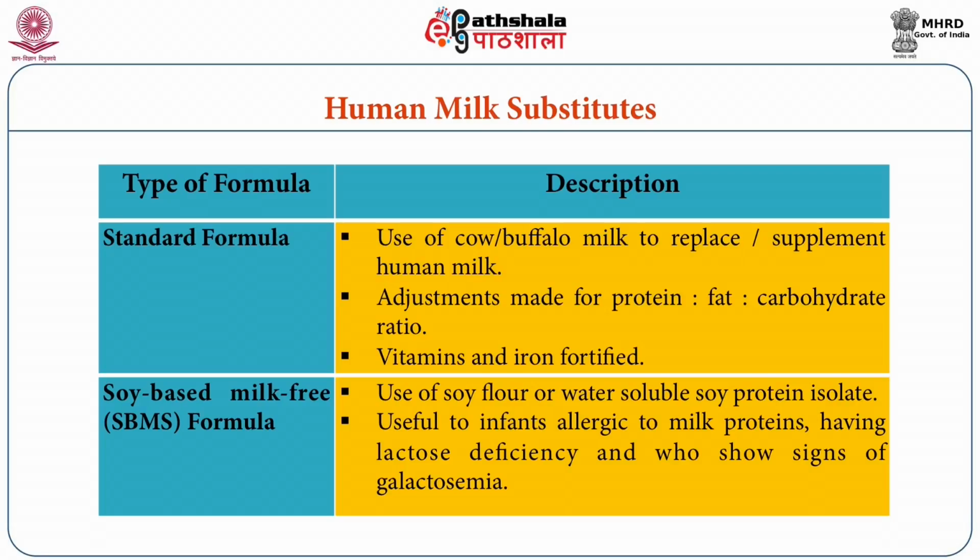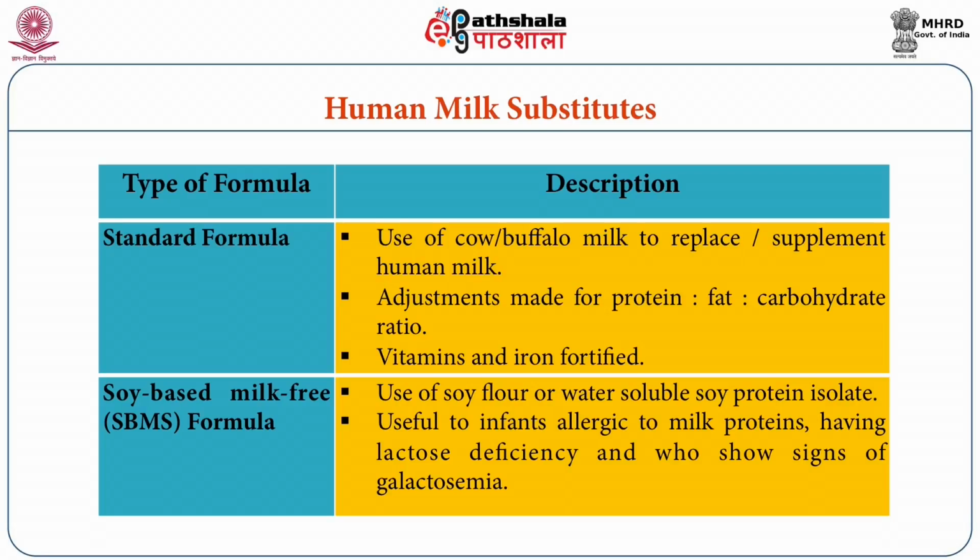Amongst these human milk substitutes, in this slide we are going to discuss two types: the standard formula and the soya based milk free formula. In case of standard formula, cow milk or buffalo milk is used to replace or supplement human milk.